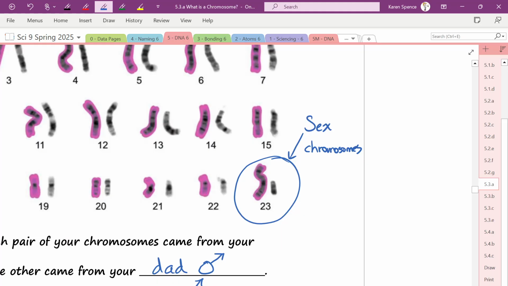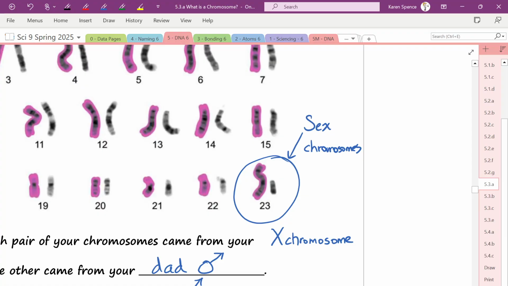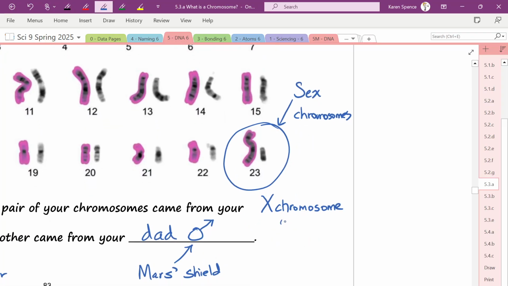And do you guys know the designations? If you have an X chromosome, that's like the female chromosome.